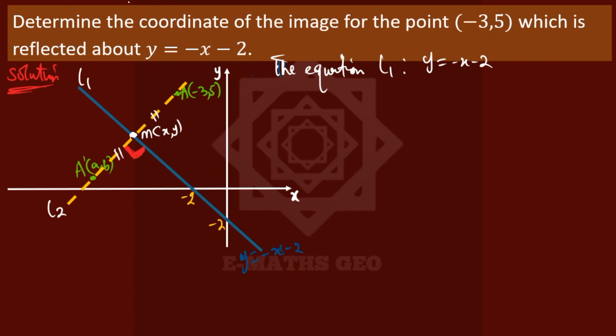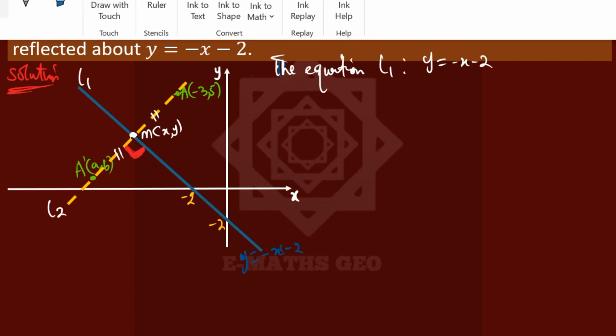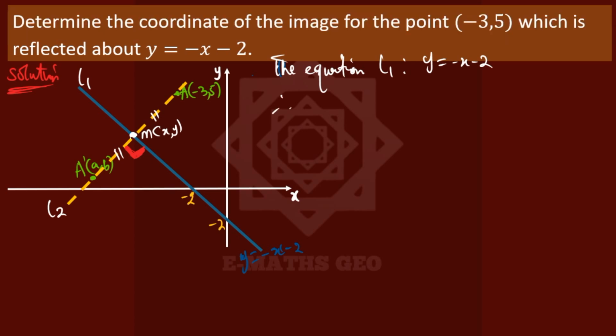So since the equation of L1 is that, it implies that the equation of L2 will be the equation of a line passing through (-3, 5) and perpendicular.